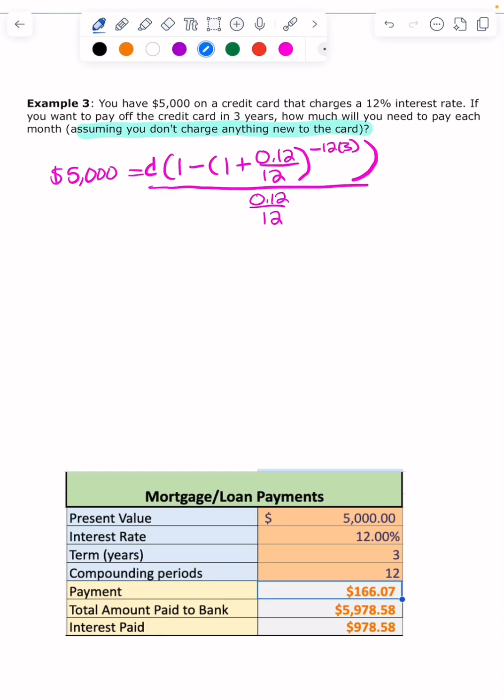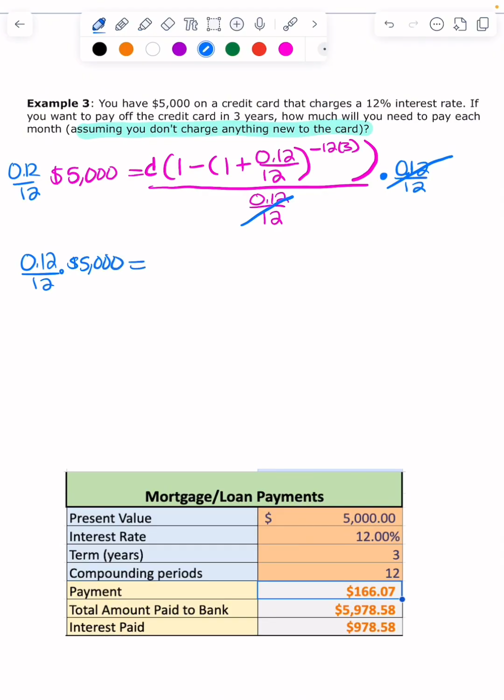So if we repeat what we did last time and multiply both sides by 0.12 over 12, then we get rid of the 0.12 over 12 in the denominator, and we get 0.12 over 12 times 5,000, and just leave it like that.